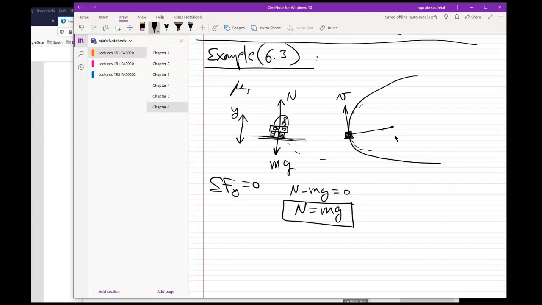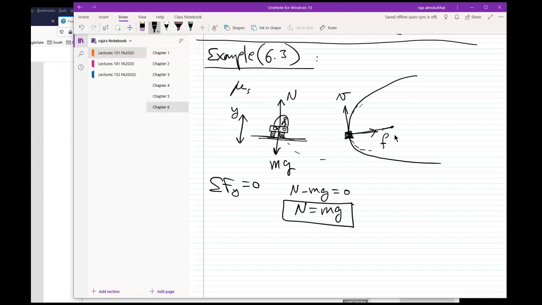What's happening? What's keeping you from sliding out is that something is pulling you toward the center. Make sense? And that something pulling you to the center is basically the friction force. You need to think about that if you don't get it. But it is the friction force that is playing the role of the centripetal force in this case.